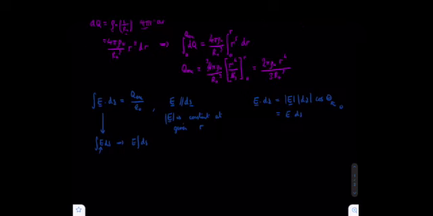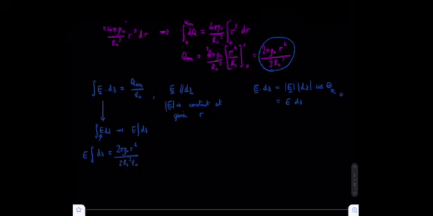So let's rewrite this as integral E integral ds equals Q enclosed, and this is this thing here, 2 pi rho naught r to the power 6 over 3 r naught cubed, over epsilon naught. Don't forget that epsilon naught. I do that all the time. Nice.